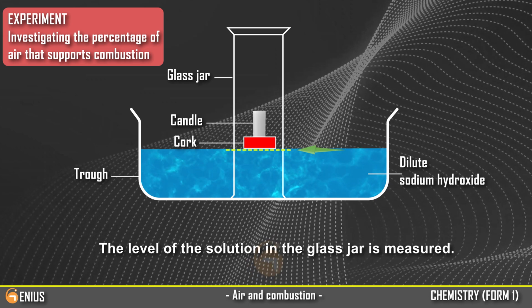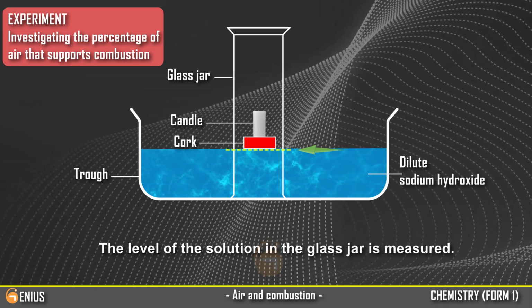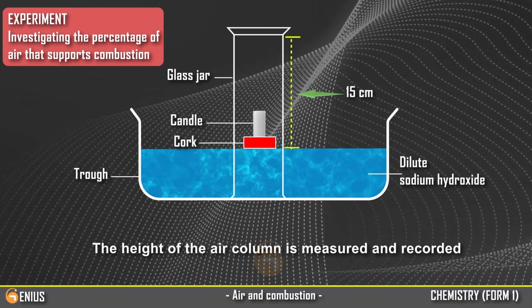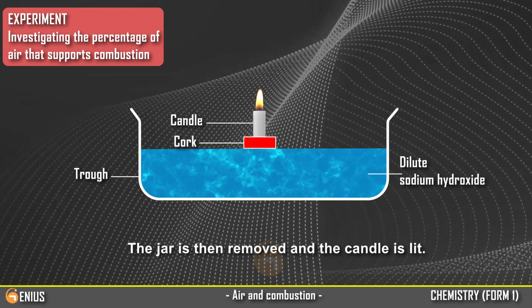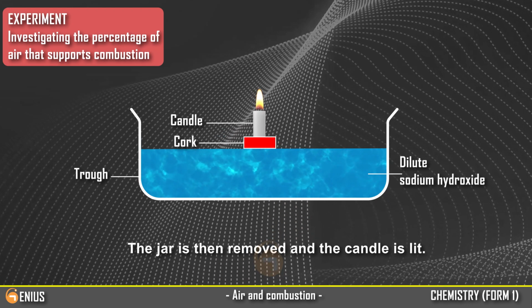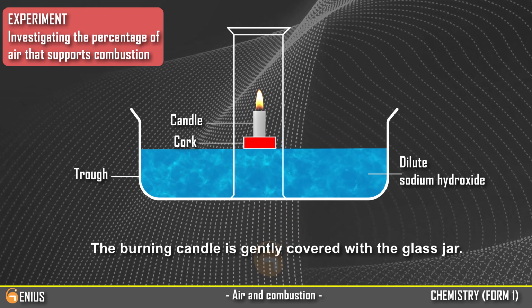The level of the solution in the glass jar is measured. The height of the air column is measured and recorded. The jar is then removed and the candle is lit. The burning candle is gently covered with the glass jar.